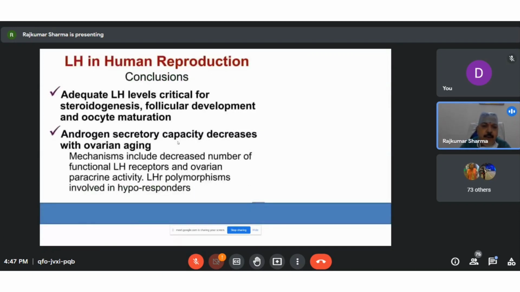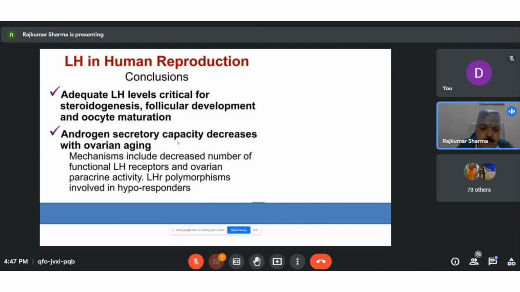So to conclude, adequate LH levels are critical for steroidogenesis to create an estrogenic environment which will help in follicular development and oocyte maturation. Androgen secretory capacity decreases with ovarian aging, and androgen is important because it is the substrate for estrogen production.